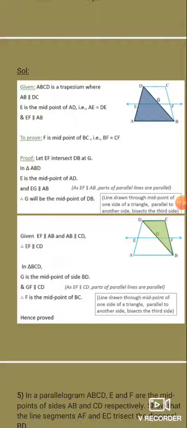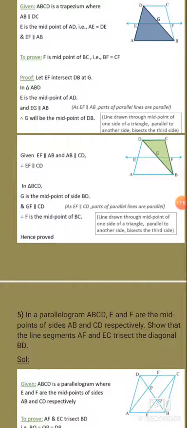Given EF is parallel to AB. AB is parallel to CD. So EF is parallel to which side? CD also. Now in triangle BCD, G is the midpoint of side BD and GF is parallel to CD.